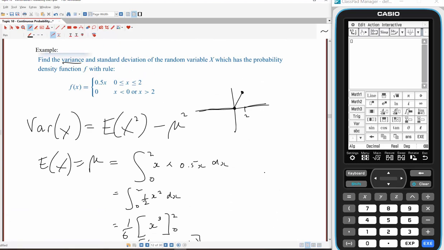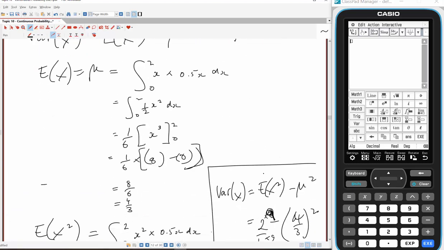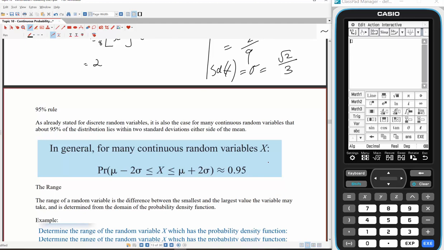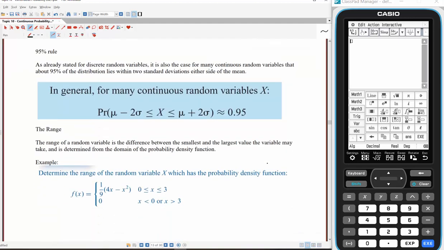It's fairly clunky and cumbersome, but that standard deviation is a good way to talk about the spread. Speaking of spread, as already stated for discrete random variables, it is also the case for many continuous random variables, not all of them, that about 95% of the distribution lies within 2 standard deviations either side of the mean. All you do is find mu and find sigma.